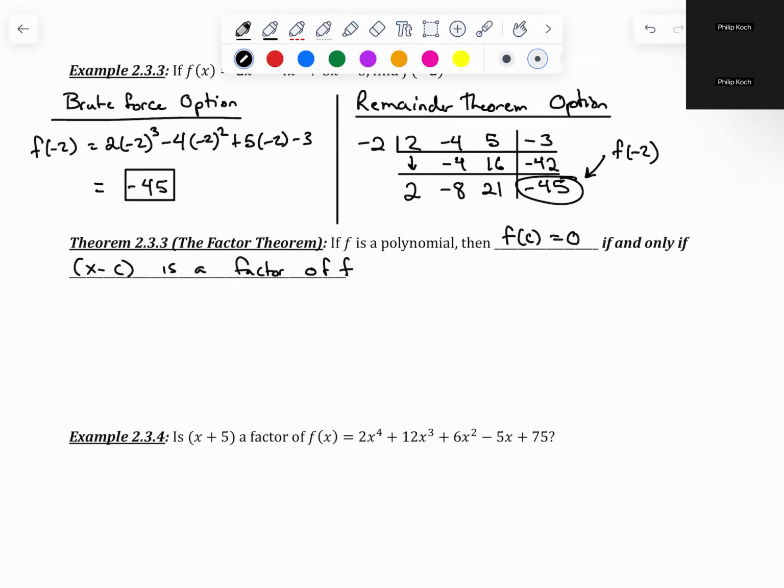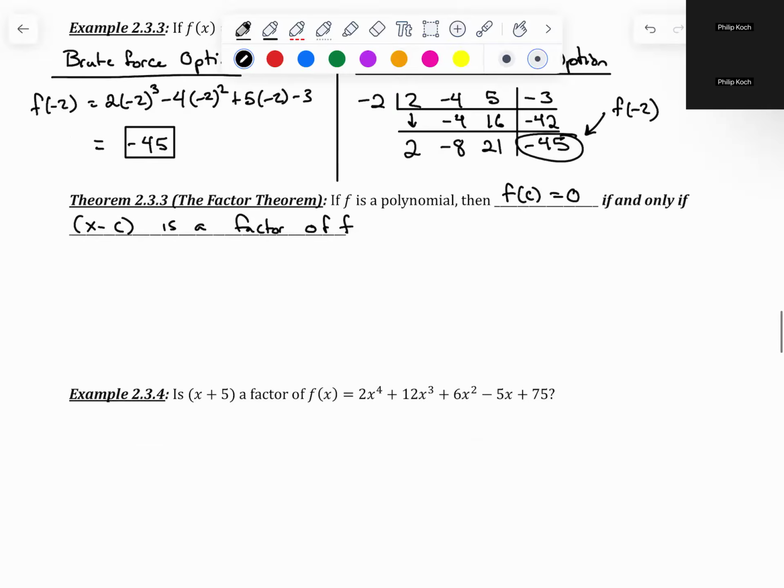Is x plus 5 a factor of f of x equals 2x to the fourth plus 12x cubed plus 6x squared minus 5x plus 75? So we're trying to determine whether or not it is.